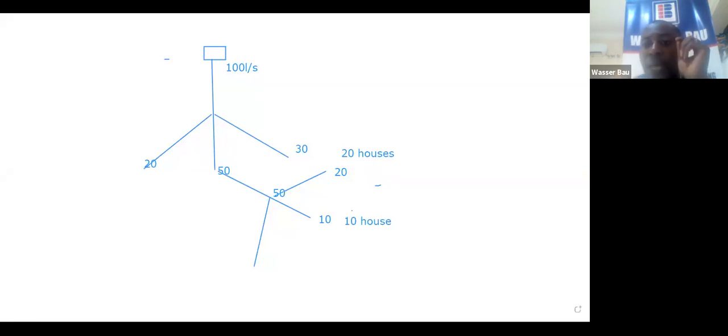So what we're going to do now is count how many house connections are connected to this node. So here we'll count 1, 2, 3, 4, 5, 6, 7, 8, 9, 10, 11, 12, 13, 14, 15, 16, 17. They are up to 25. I've done it severally.